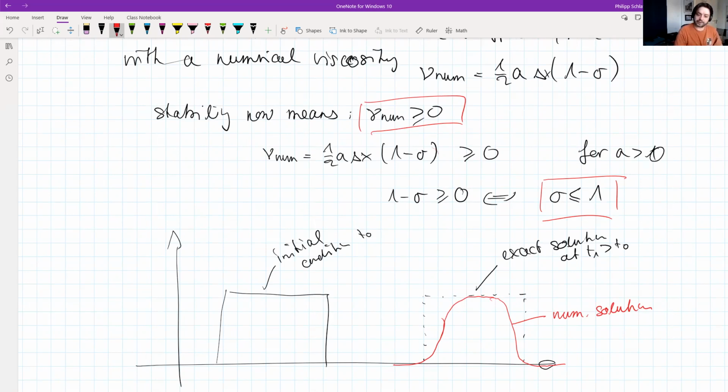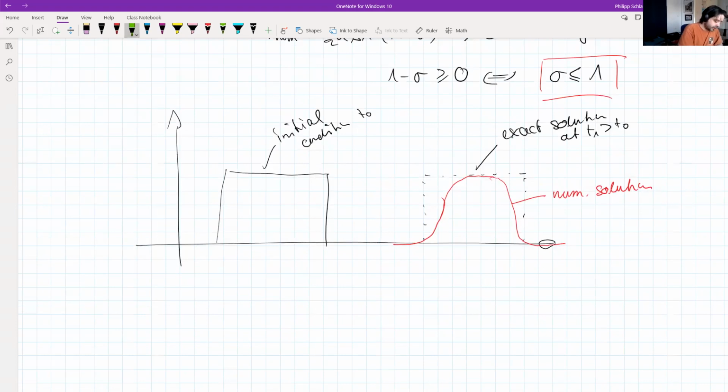So we can understand why my solution looks like this for a high value of diffusion, and perhaps more like this for a value of sigma closer to 1, limited by the value of 1.